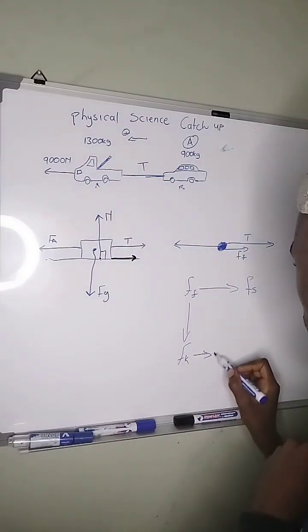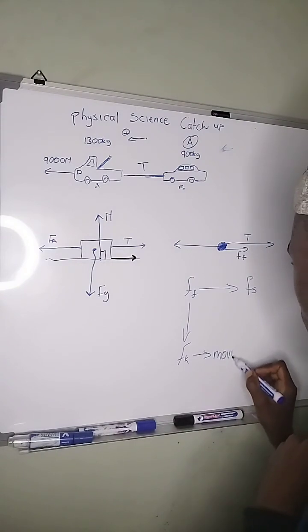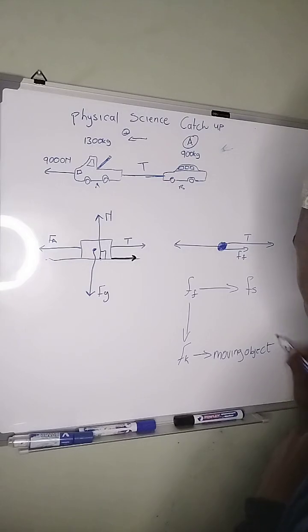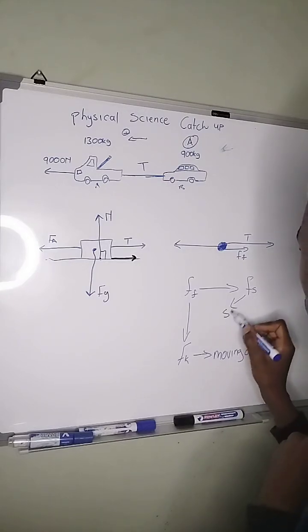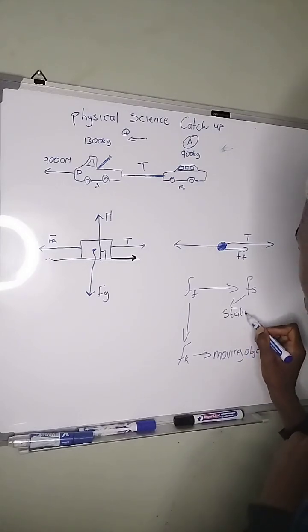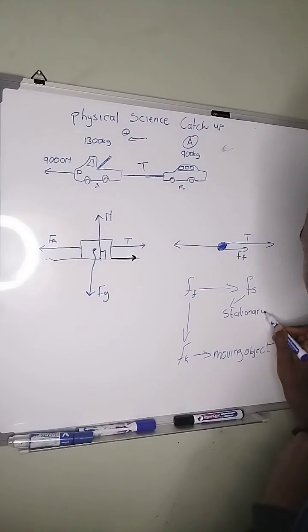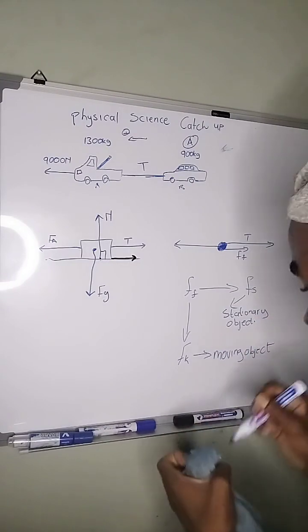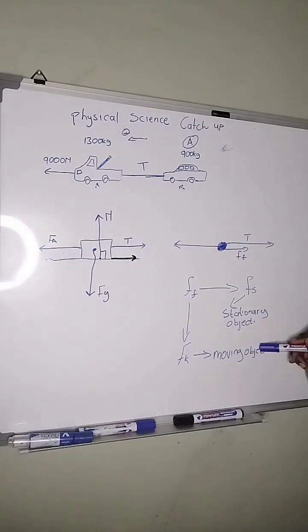This one is for a moving object. This one is for stationary objects. That's the difference.